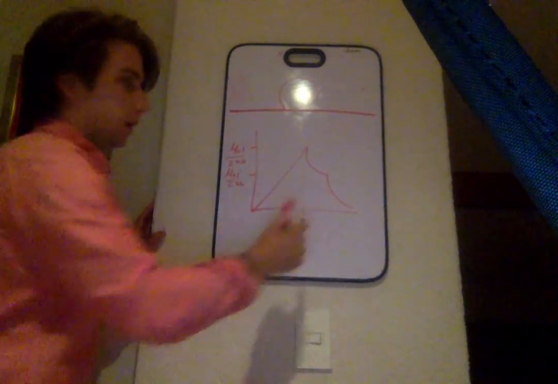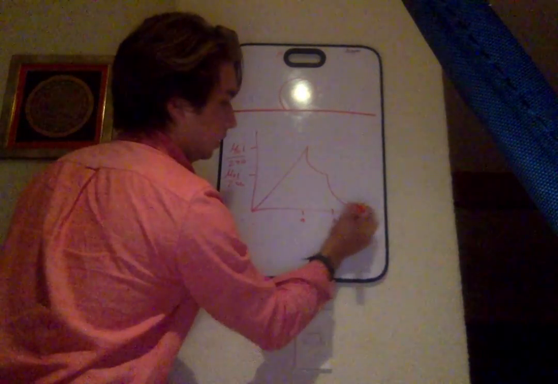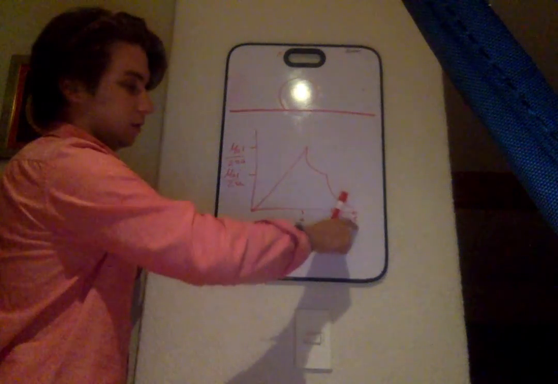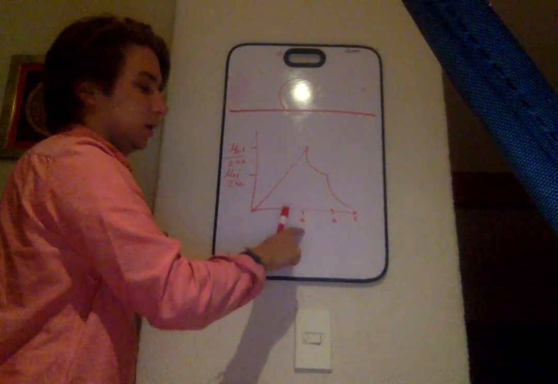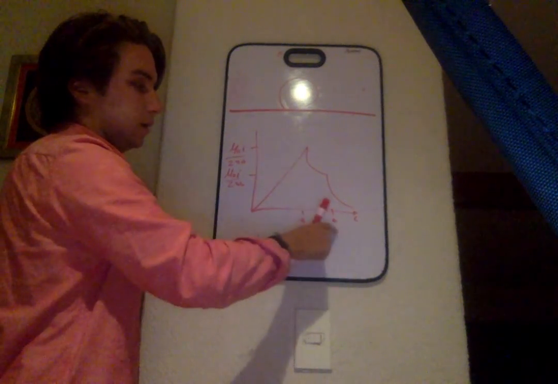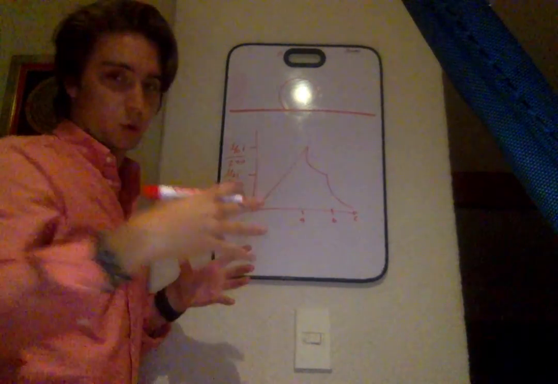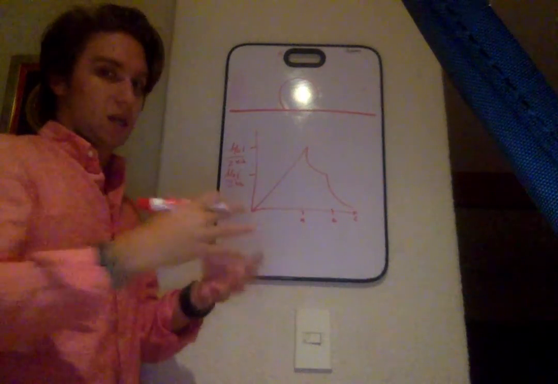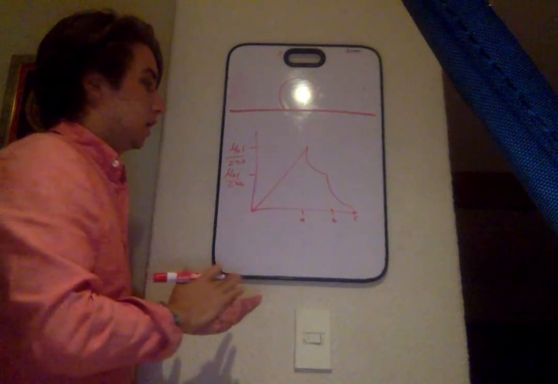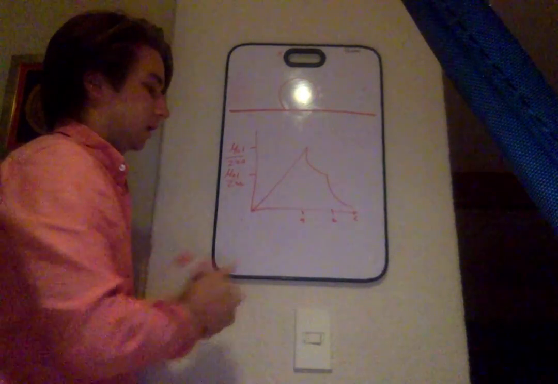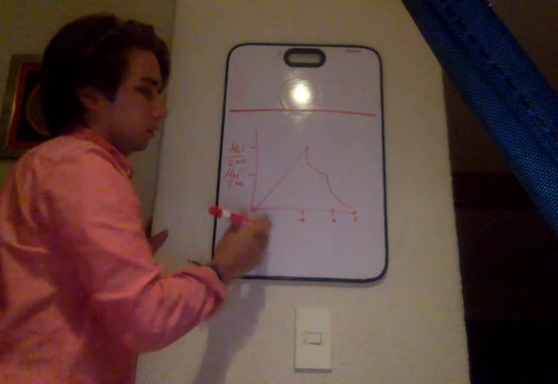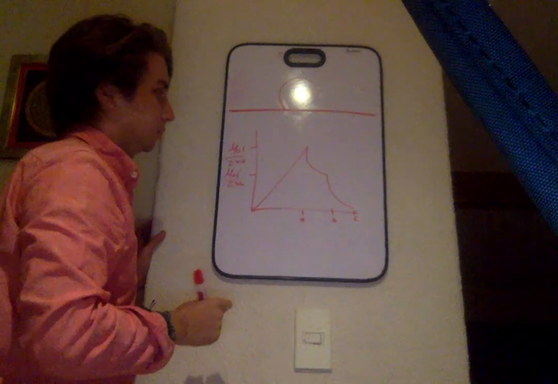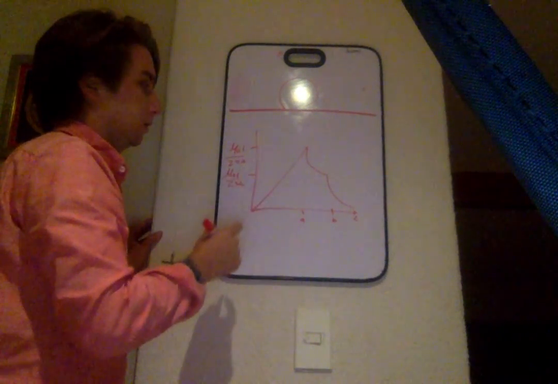As you remember, at c we have zero magnetic field. At b we have less magnetic field than we had at a, because at that point they will be going away from the center of the magnetic field. And at a we have just a direct increase of the magnetic field.